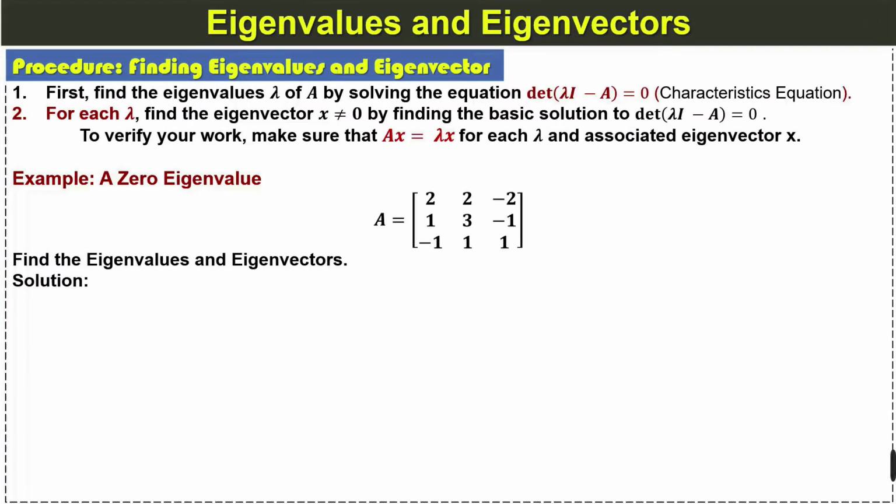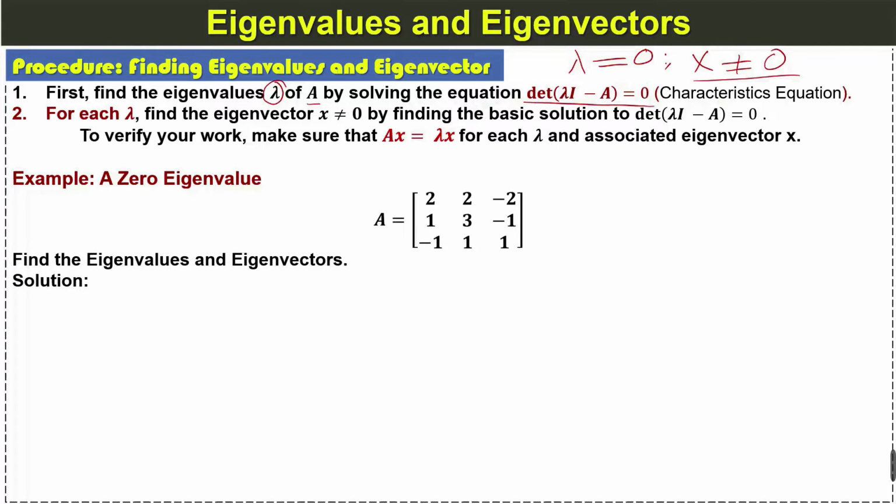Okay, so in this lecture we study that the eigenvalue can be equal to 0, but the eigenvector cannot be equal to 0. In lecture number 2 we already studied that the eigenvector cannot be equal to 0, because this makes no sense. The procedure for finding the eigenvalues and eigenvectors is, first, we find the eigenvalues of the matrix A by solving the characteristic equation.